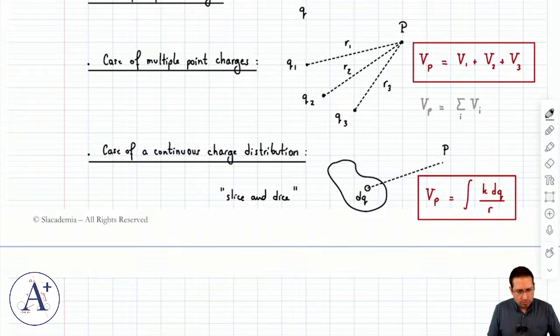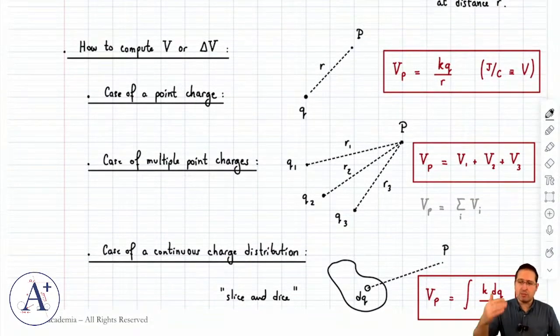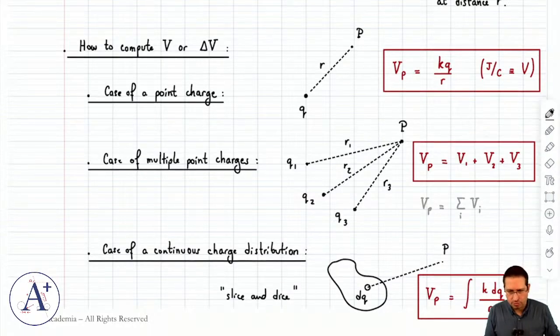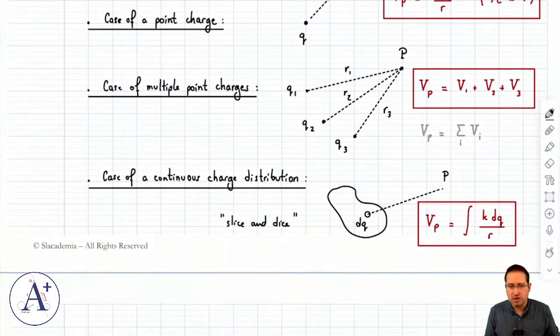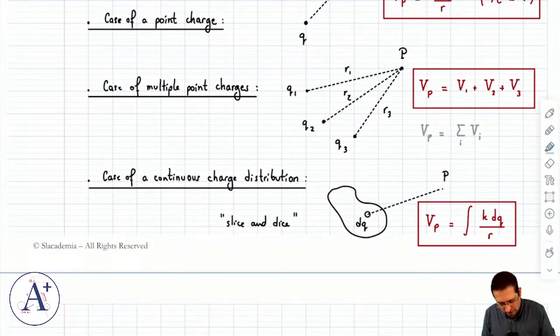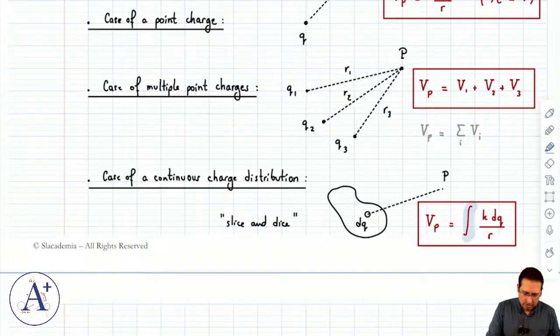But I want to present it this way because this is the same order that we went through electric fields in the first chapter. We're starting with a point charge, saying, okay, if we have multiple point charges, superposition. If you have a continuous charge distribution, well, it is actually still superposition. It's just that you have an infinite sum, which is really an integral, over the entire charged object.